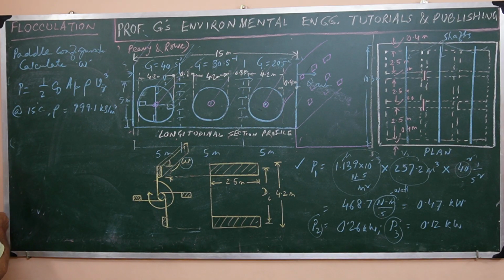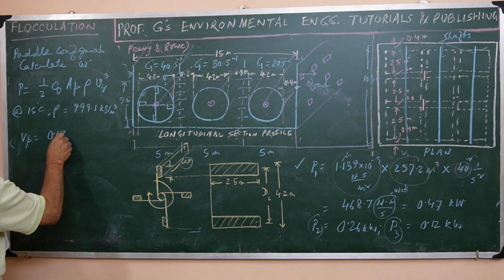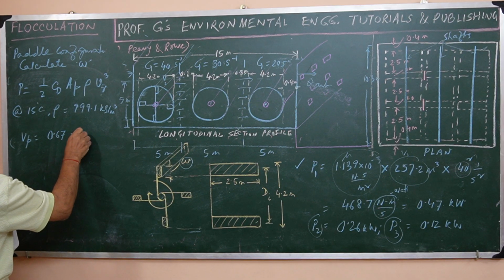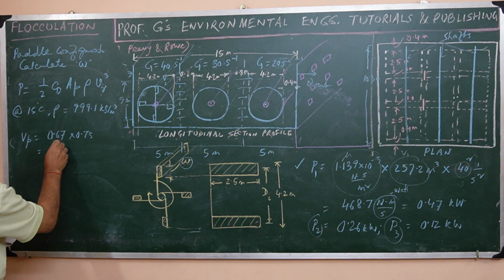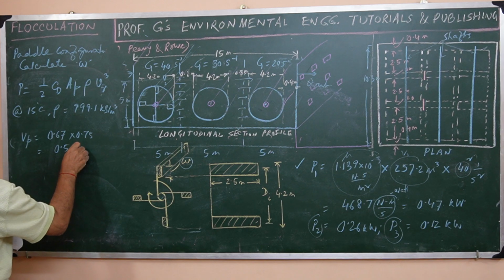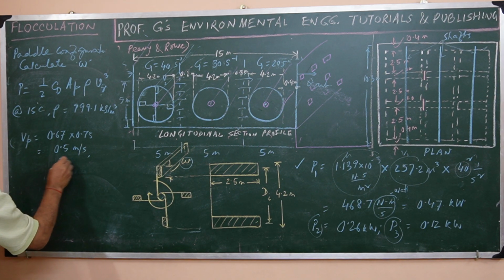From literature you get this one. So assume that VP is 0.67 times 0.75, that is say 0.5 meter per second, and CD.